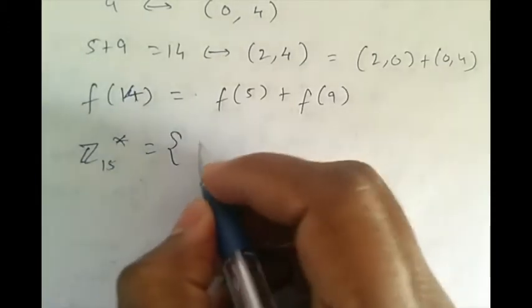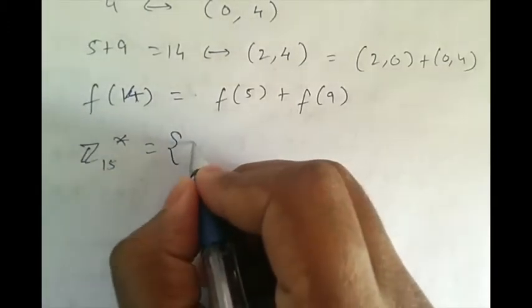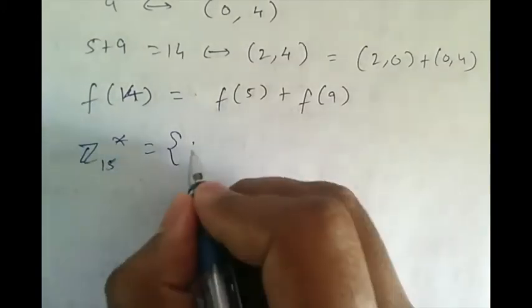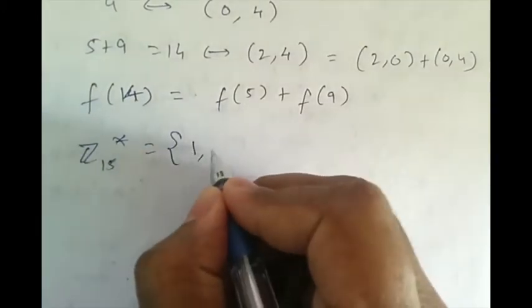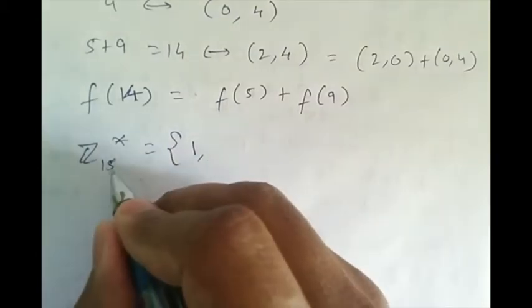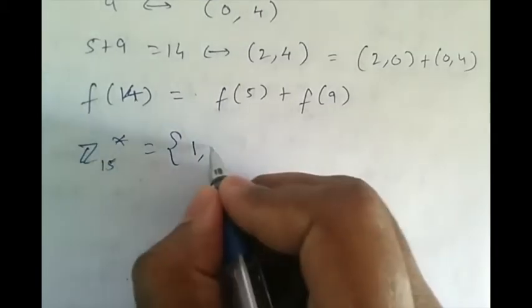That consists of elements from 1 to 14 which have GCD 1 with 15. So 1 is definitely one of them. 2 is an even number, and it has GCD 1 with 15, so 2.